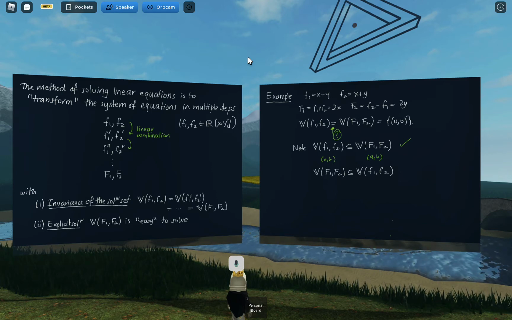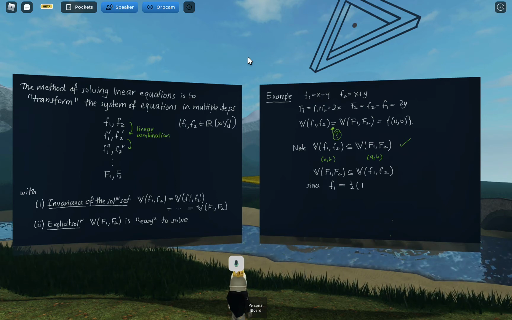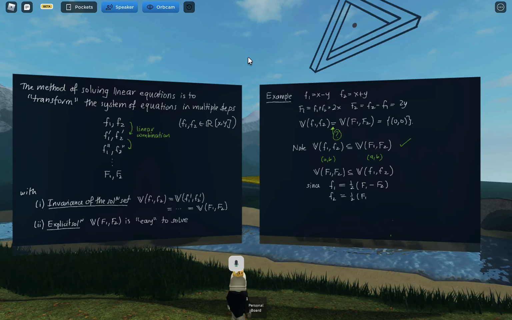Yeah, that's right. I just used the same observation. Because I can write F1 as, well, let's see, to get F1 from capital F1 and capital F2, I should just take a half F1 minus F2. And to get F2 from capital F1 and capital F2, I should take a half F1 plus F2.